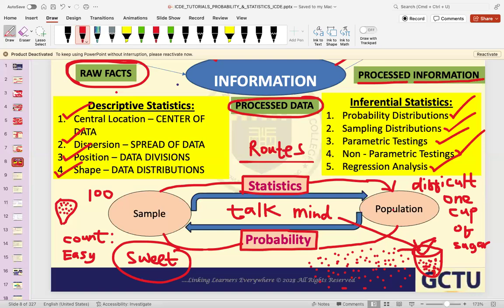And the only way you can use samples to talk about population is when you are using statistics. You use statistics, apply it on samples, and then you generalize it to population. So that is the first route.